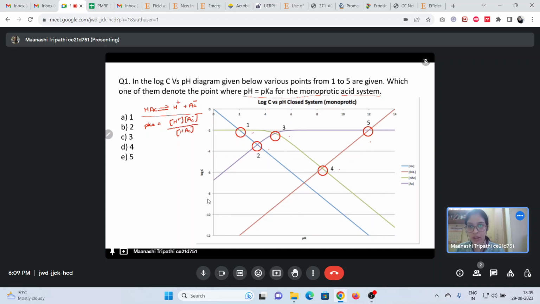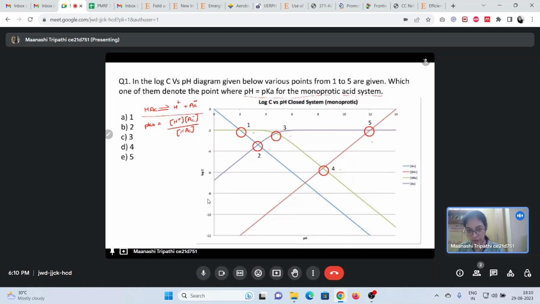Please try to remind yourself of what was taught in the class and then try to answer this question. You can draw all these diagrams by yourself. Sir has explained how to draw these diagrams, and you can draw it roughly.